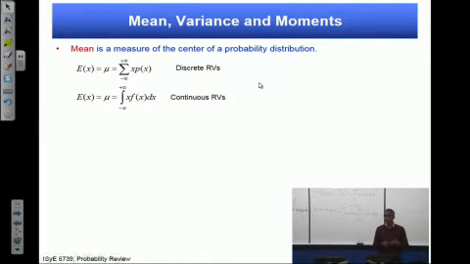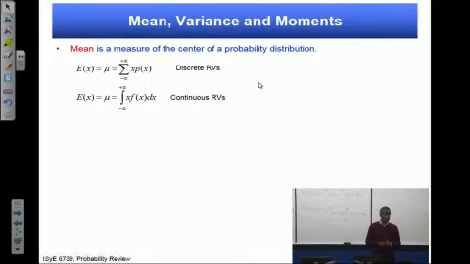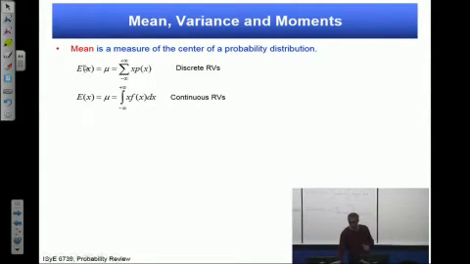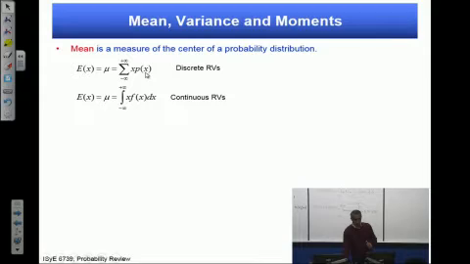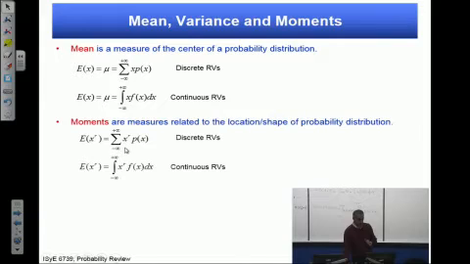Another way is, if you know the distribution, the PMF or PDF, you can find the population mean, which is mu. It's also known as the expected value. For discrete random variables, you multiply x by the PMF and sum over the range. For continuous random variables, you replace the summation with an integral.